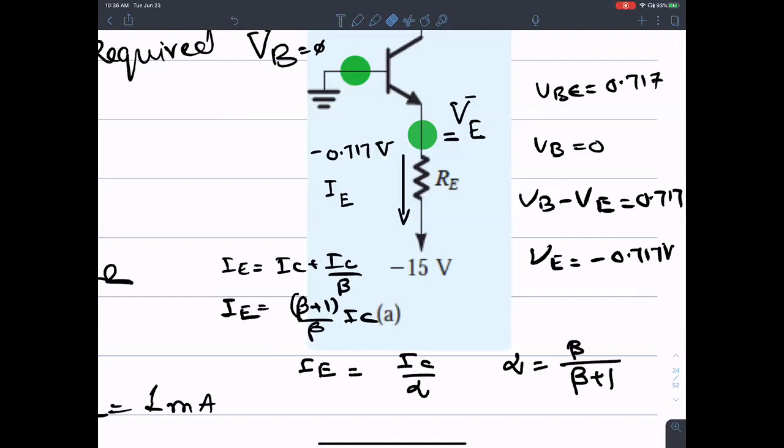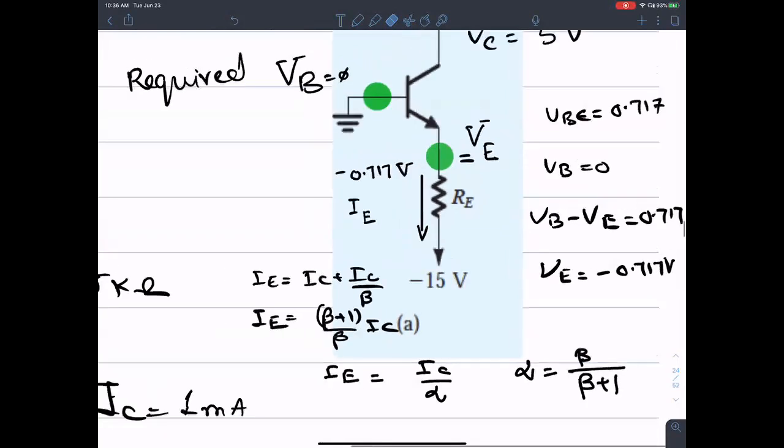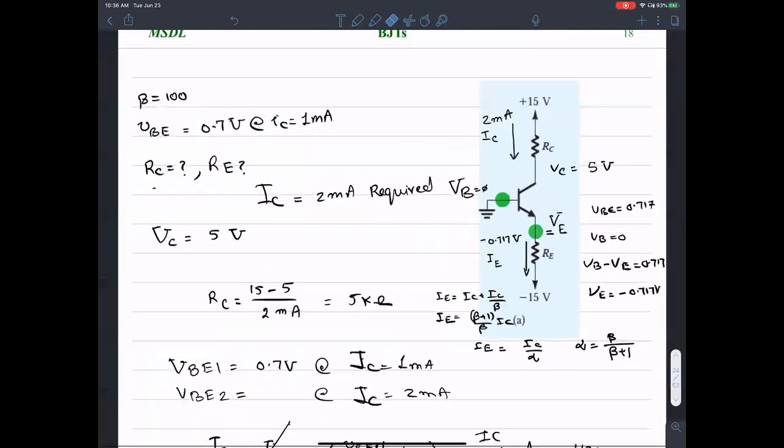Professor, question: how do we define beta? Beta, we don't have any control over that. That's a parameter controlled by the temperature and the underlying physics. So we can't control that. That will be given for our problems.